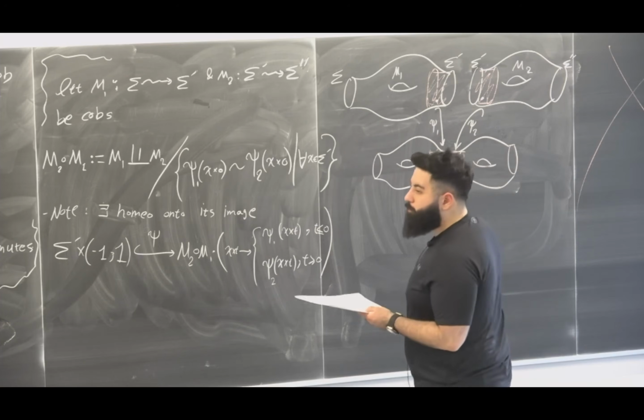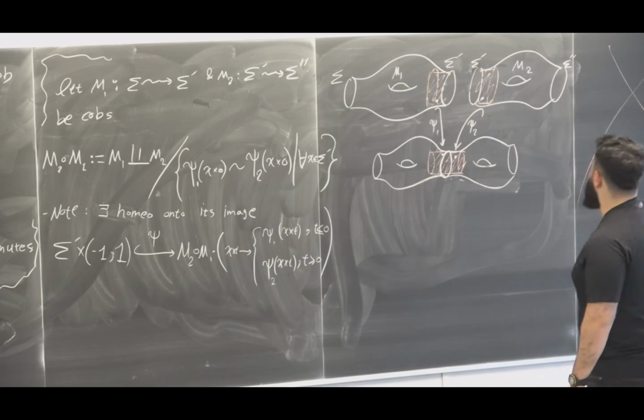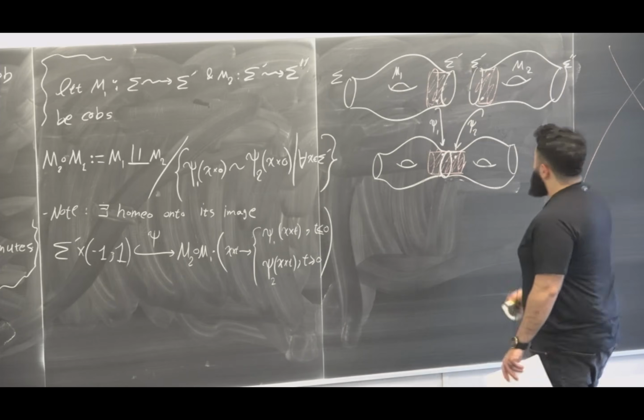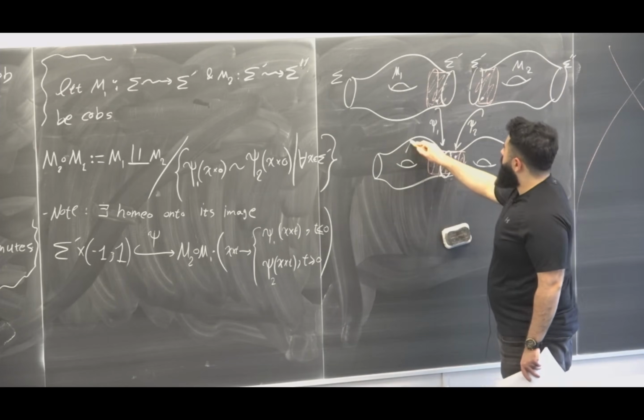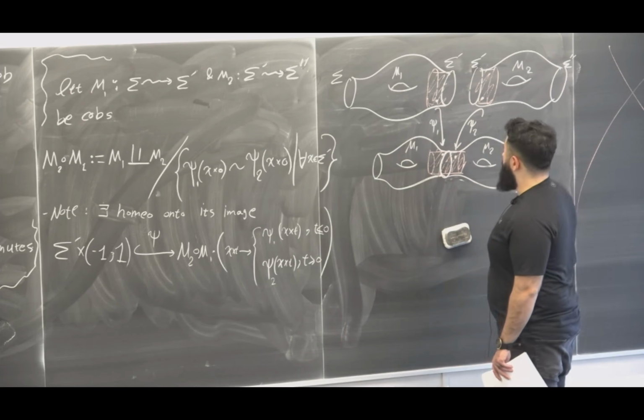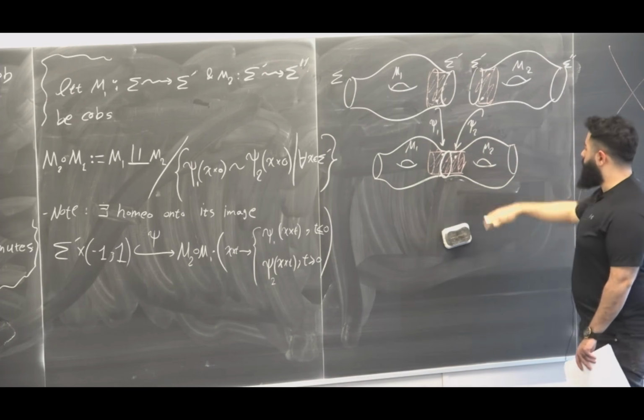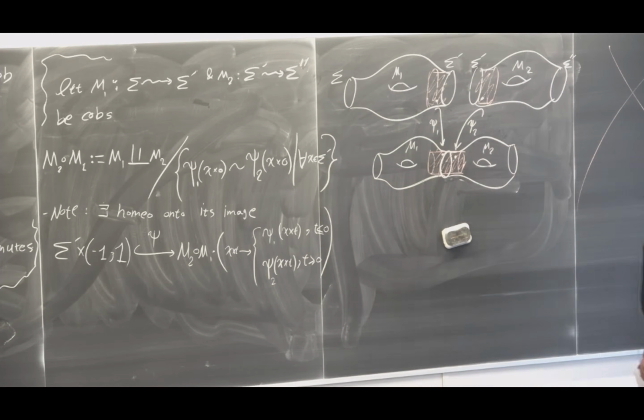That was the whole reason. So by having the maximal atlas on M1 without the sigma prime, and M2 without the sigma prime, and this colored neighborhood around sigma prime, we have now a smooth structure on the whole thing, on the composition.